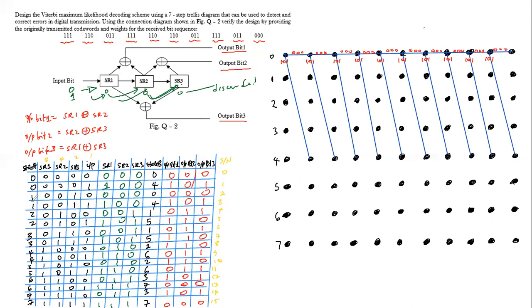So we're going to repeat the same thing. We want to move from state 1 to state 0, and from state 1 to state 4. From state 1 to 0, all the way.